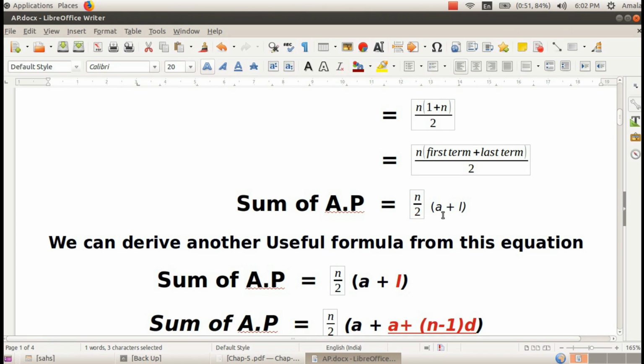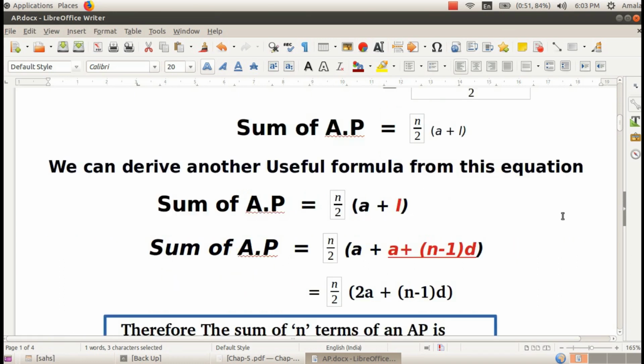We can derive another useful formula from this equation. We can write n by 2 into a plus l, where l is the last term. The last term is the same as the nth term. The last term we can rewrite as a plus n minus 1 into d.